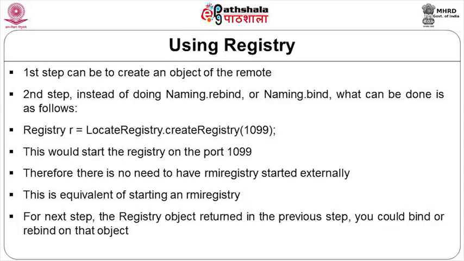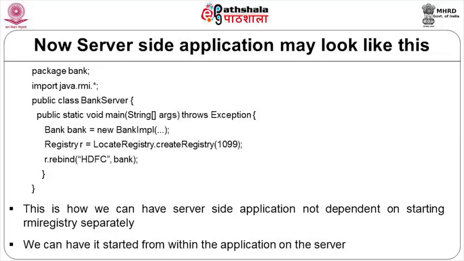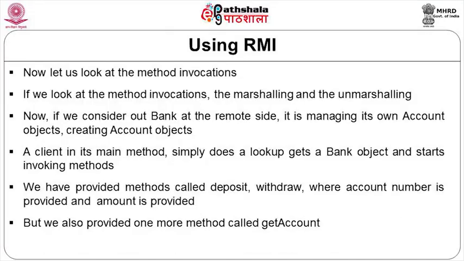And then the third step could be, on the registry object returned in the previous step, you can do a bind or rebind, and that's how you can achieve this, having your server-side application not dependent on starting the RMI registry separately. You can have it started from within your application itself, and that would be the recommended way. Okay, so the steps are clear on how to achieve remote method invocation.